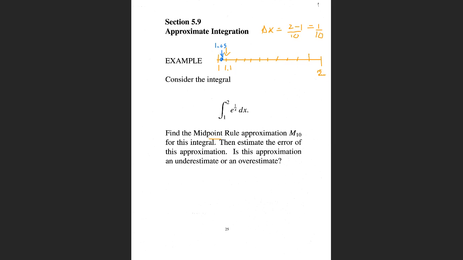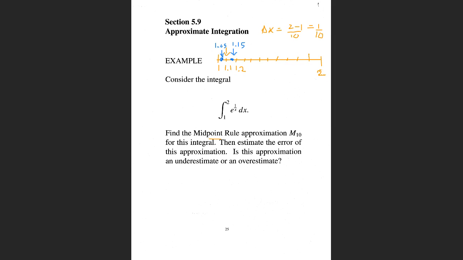Okay, and then the next value would be 1.2. And the midpoint between 1.1 and 1.2 would be what? 1.15.